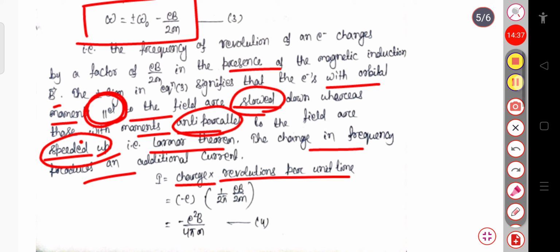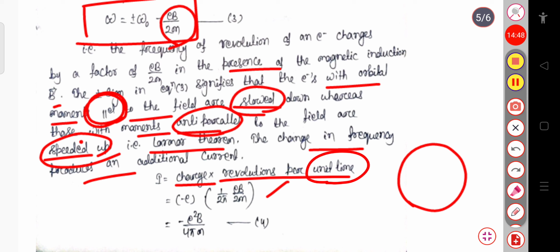Because of this additional EB by 2m, simply I have to write 1 by 2 pi into EB by 2m. That is, this total orientation is our 2 pi. So revolution per unit time, in a single unit time, this will be EB by 2m into 1 by 2 pi. So finally after calculation you will get minus e into e, this will be e square B divided by 2 into 2, that will be 4 pi m.